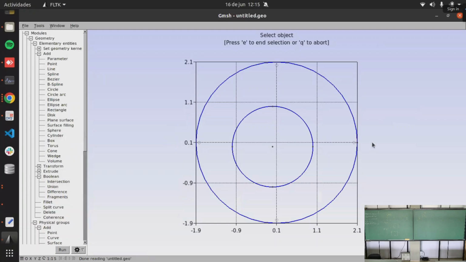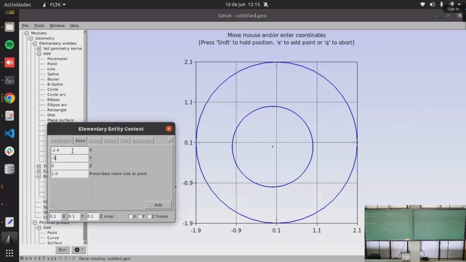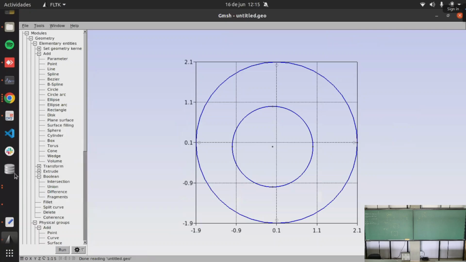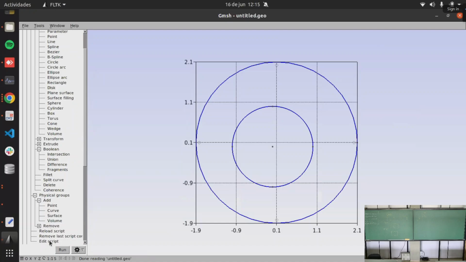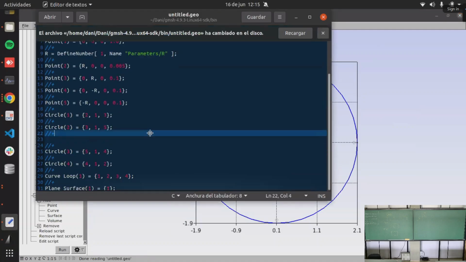And now I want to put this point in the mesh. So I only have to make a point, select this point. I put it. Let me notice that I put the point.